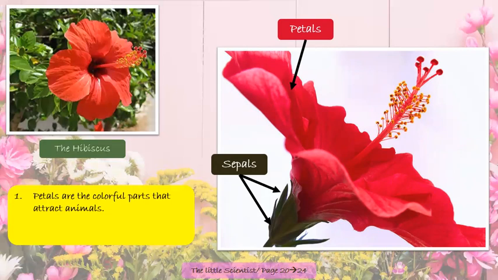Their job is to attract bees, butterflies, and other kinds of animals, while sepals look like small leaves at the bottom of the flower and they protect the flower. Deal? So now we have petals and sepals.